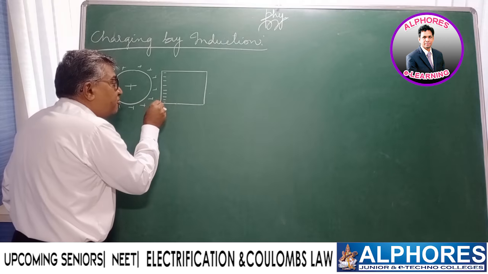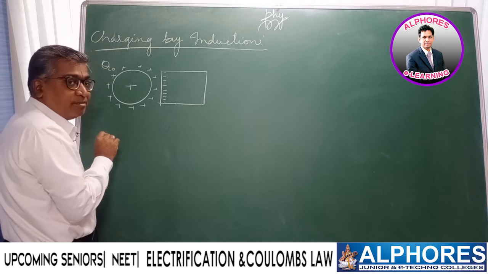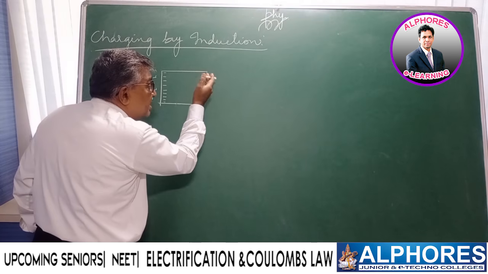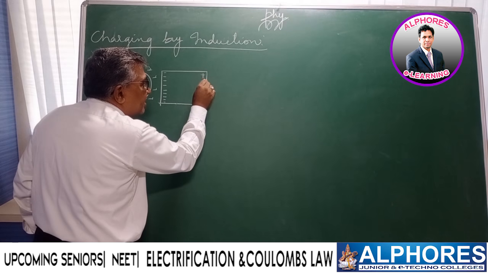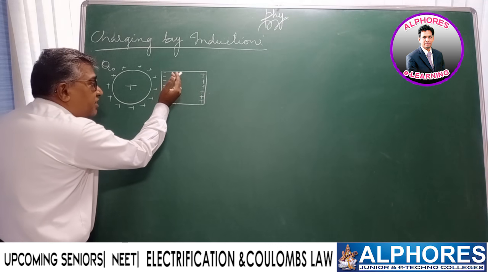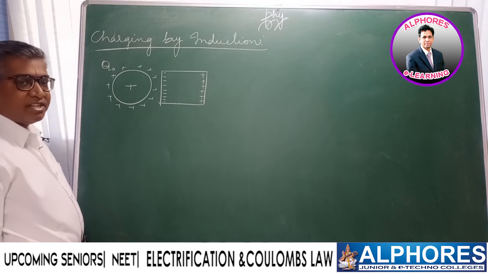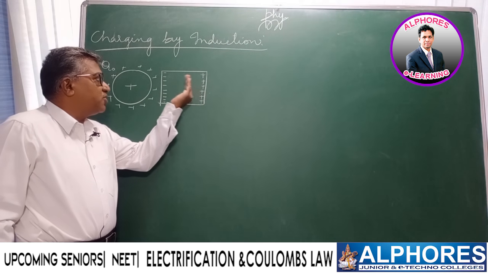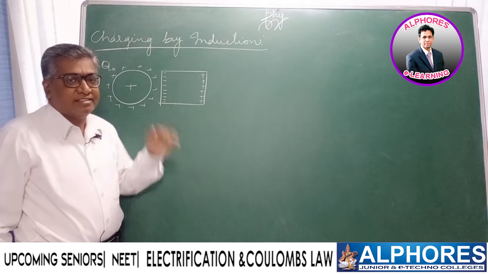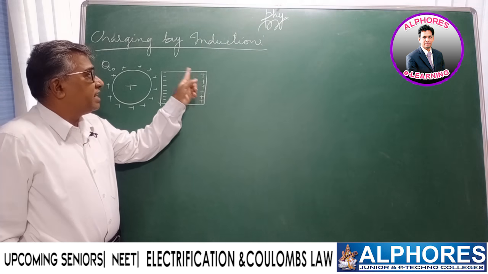So there is more abundance of negative charge on one side, and there is deficiency of negative charge on the other side, which is positive. Electrons move to one side, and on the other side positive charge is accumulated. Overall this is still electrically neutral.